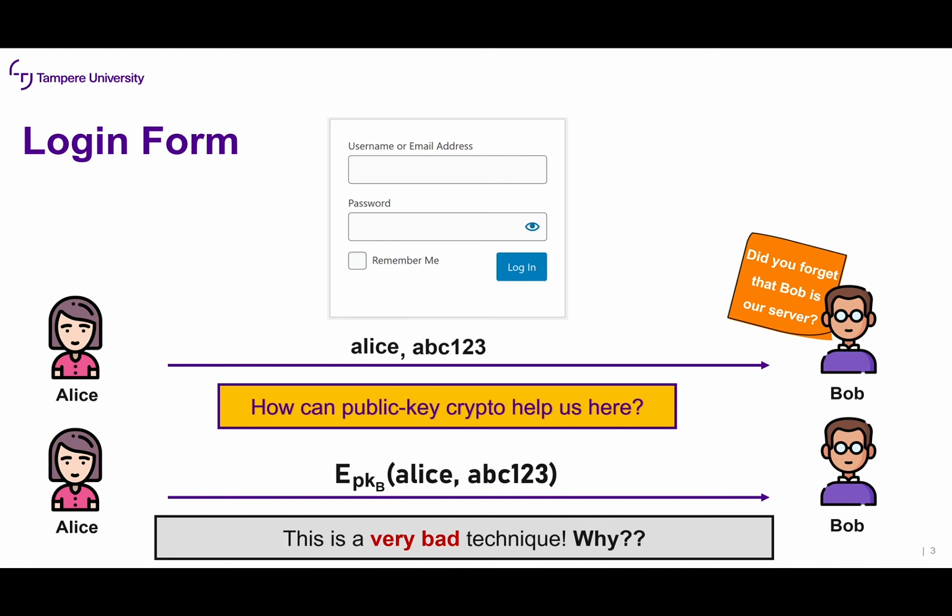So imagine a case where Bob, at some point, gets compromised, okay? So basically, Bob knows all the passwords of all users that he has stored in his database. Now, if Bob has been compromised, then immediately the hackers that compromised Bob's server can impersonate millions or thousands of users, right? And that's bad.